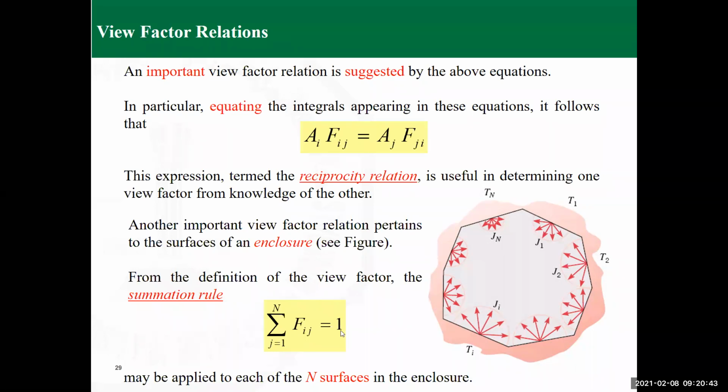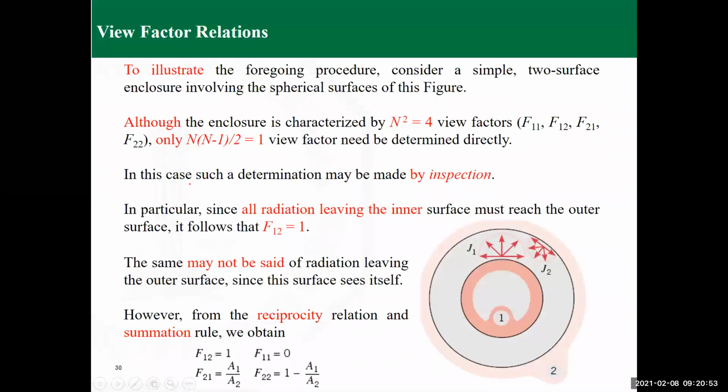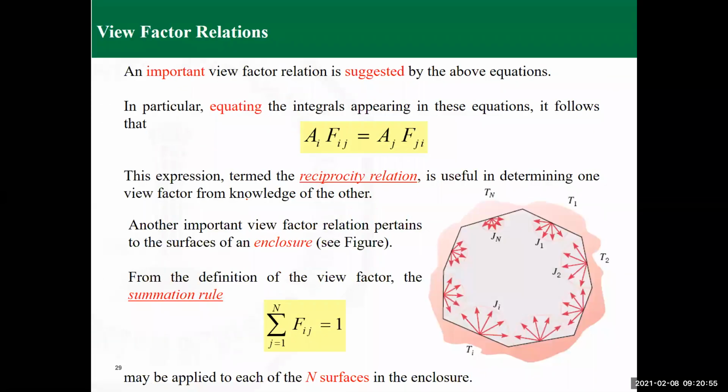Normally we can make use of this correlation, if you remember the problems that we had in shape factor for heat transfer. For example, surface 1, surface 2, surface 3. We have correlations that give me the shape factor between 1 and 2.